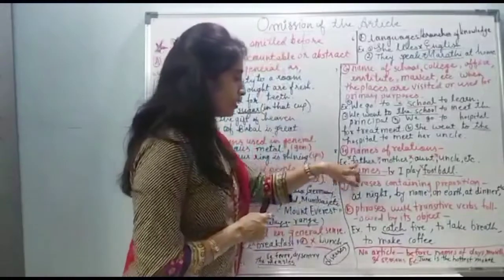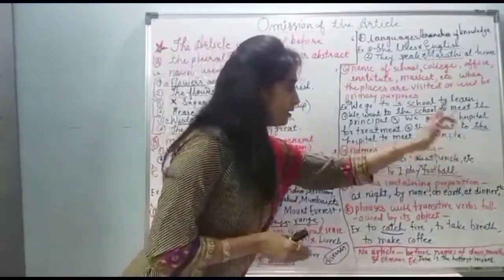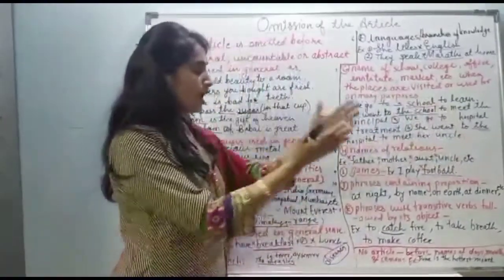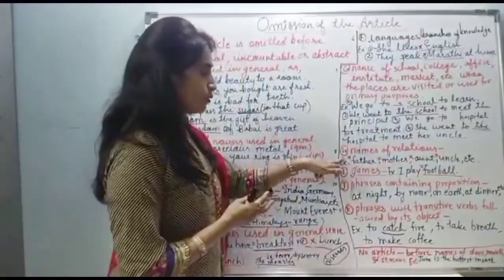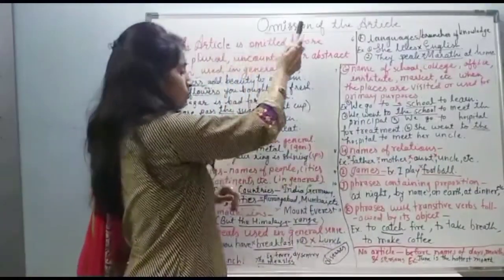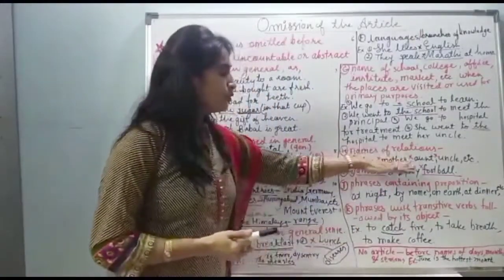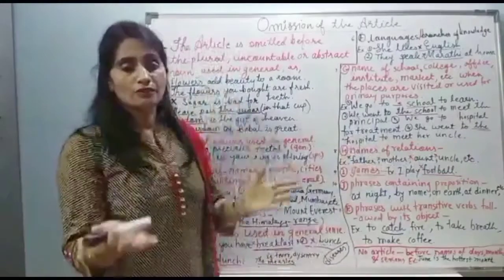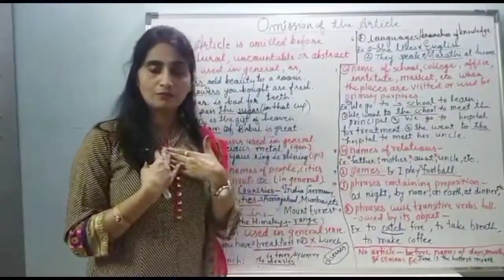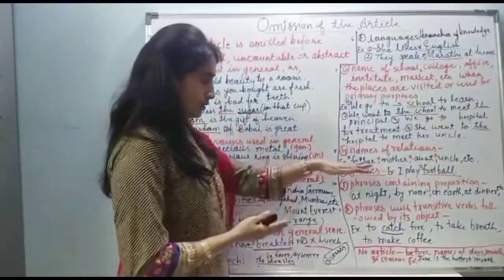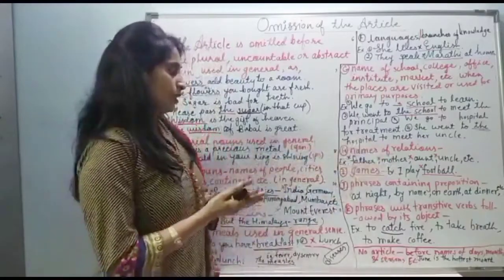See here: father, mother, aunt, uncle, meaning our father, our mother, our aunt, our uncle. So what is the rule here? The article is omitted before names of relations. Here I am talking about my relation, our relation, and so no article before these nouns.